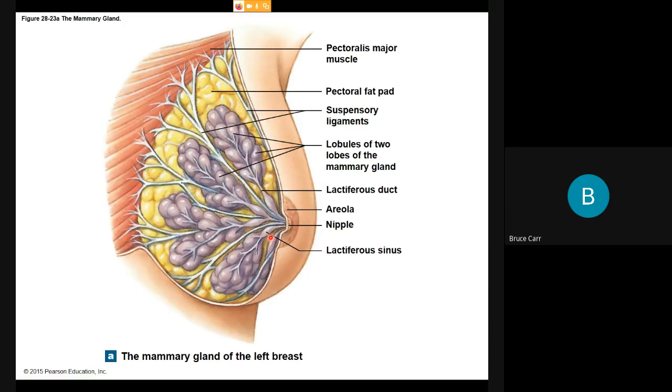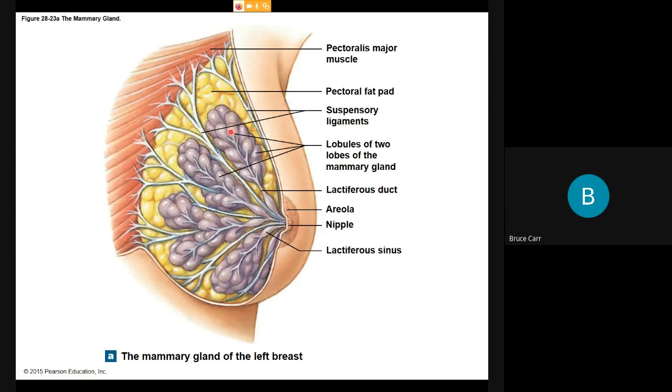So here we see the basic structure on top of the pectoralis major muscle. Here are suspensory ligaments that are basically tying this whole structure to the muscle and suspending it. Here is the fat, and this is fat for padding and for structural integrity, holding these systems apart.